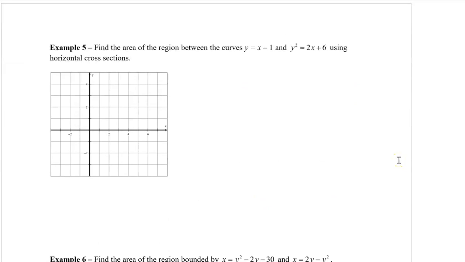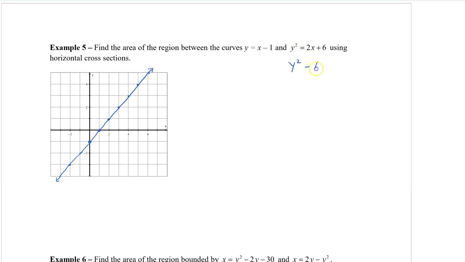So I want you to find the area of the region between the curves y equals x minus 1 and y squared equals 2x plus 6. Now, the x minus 1, we're going to graph that as a line, starting at -1, and then it has a slope of 1 as well. Now, for this parabola, I'm going to rewrite it so that it's a little bit easier to see.